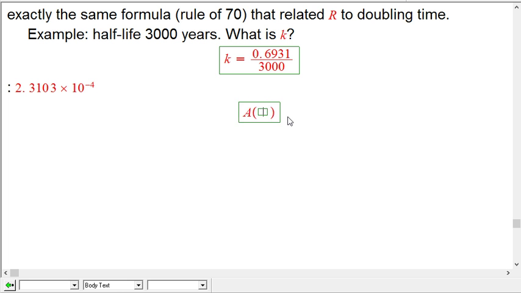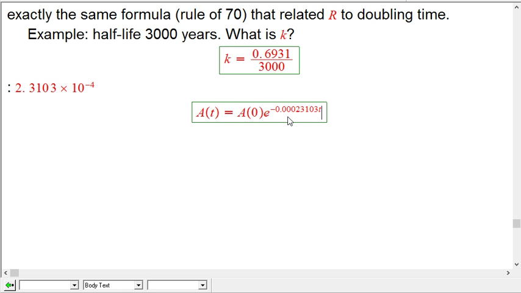So we would express the formula for that substance as e to the minus, and for long half-lives you get some annoying, tricky decimals here, times t.